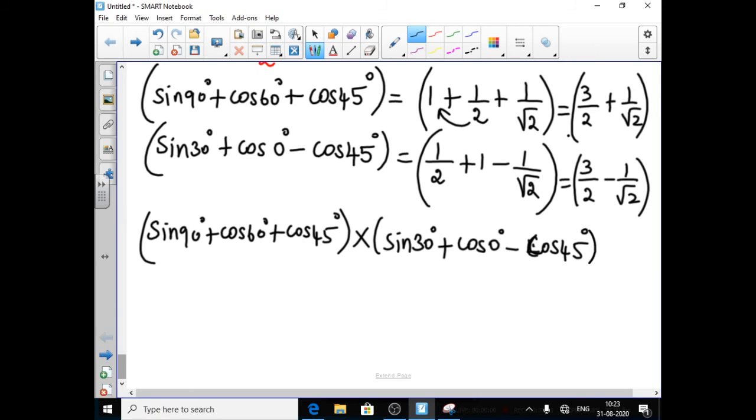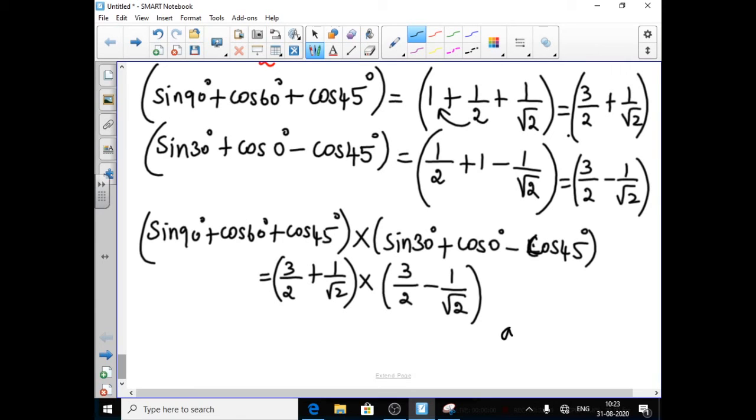We want to multiply these two values, that is 3 by 2 plus 1 by root 2 into 3 by 2 minus 1 by root 2. So that is a plus b into a minus b format. A plus b into a minus b is nothing but a square minus b square.